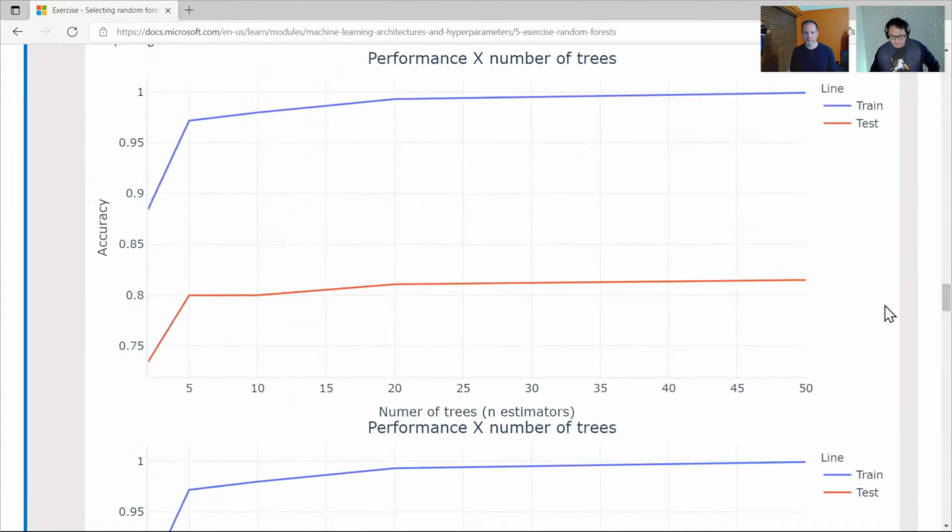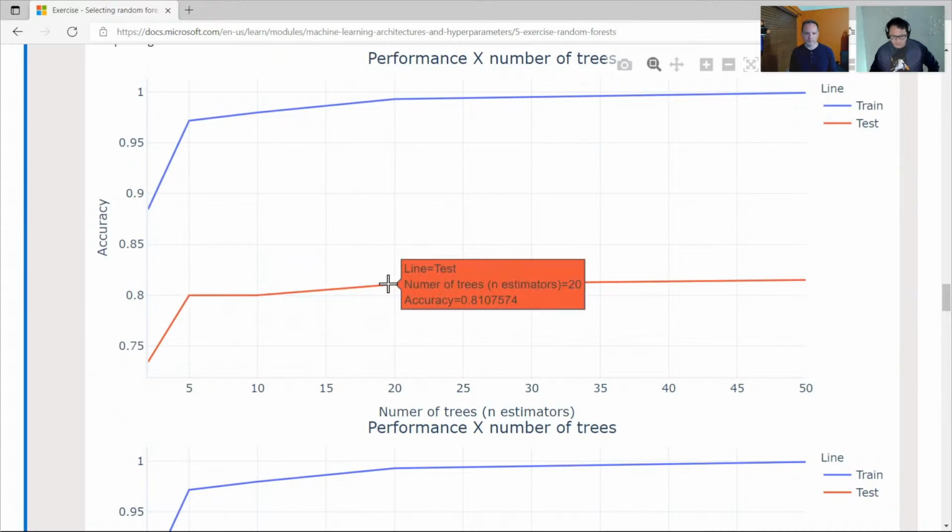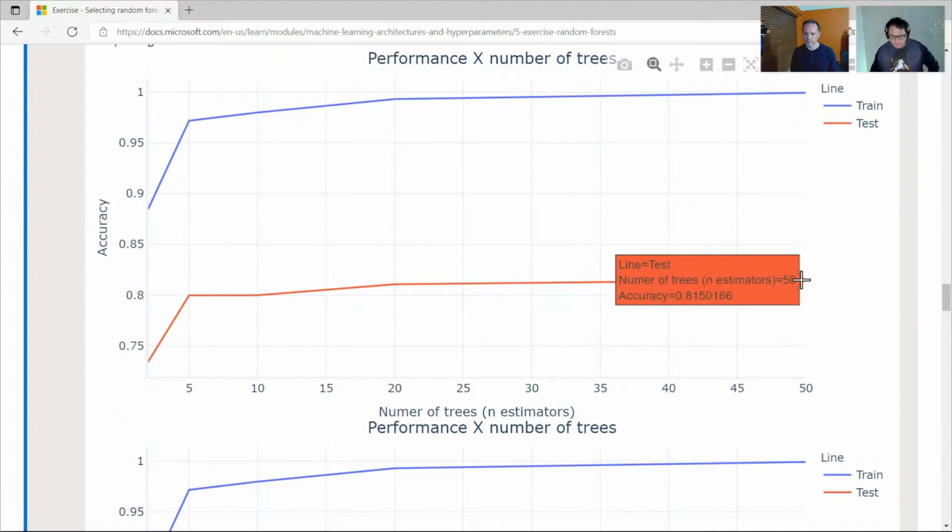But you can see here as the number of trees go up, 5 is a much better number than 2 in accuracy. It's nearly at 0.8. As we go along, 0.81, I think 50 was the next entry, 0.815. So probably 50 based on the values that we have here.